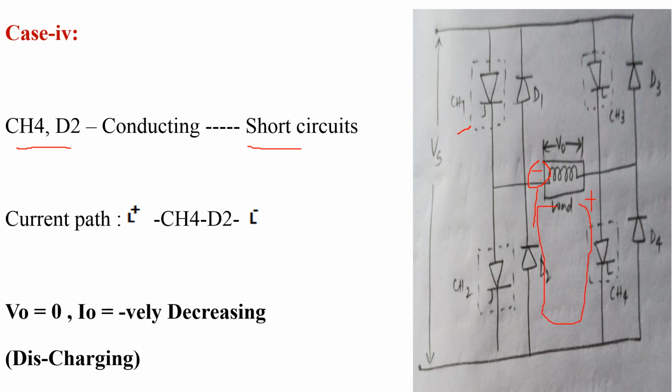There is no path for current from source to load, so the voltage across the load becomes 0, and here the inductor starts discharging, so the load current starts negatively decreasing. This is the fourth case of working of the class E chopper circuit. The same procedure repeats for the remaining cycles also.